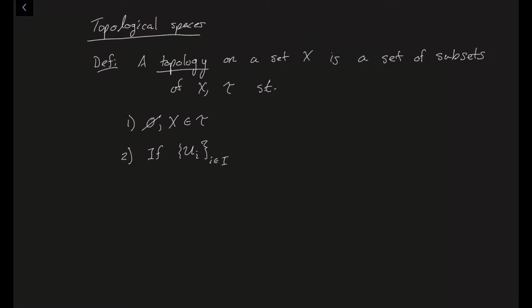The empty set and the set itself are in the topology, and if I have an arbitrary collection of elements in the topology, then that arbitrary union is also in the topology. And finally, if we take a finite number of elements in our topology, that finite intersection is also in the topology.